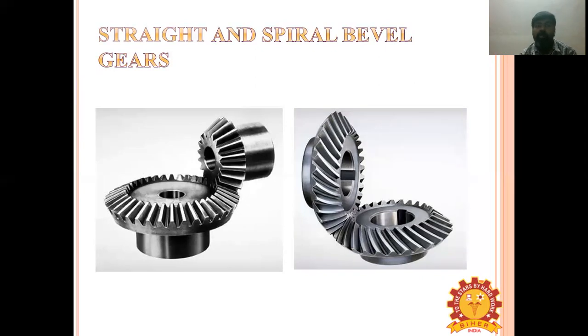So they are smoother in action and quieter than straight bevel gears. However, an axial thrust exists in the spiral bevel gears, so it requires stronger bearings and supporting assemblies. The differential in an automobile is the best example of the spiral bevel.